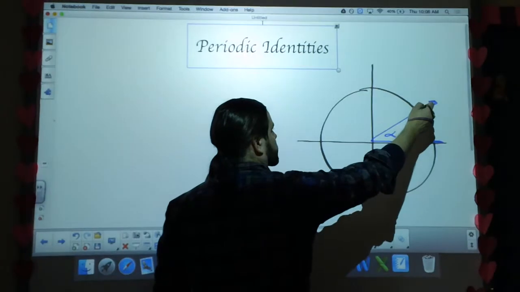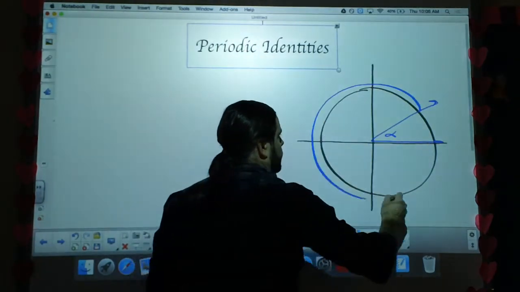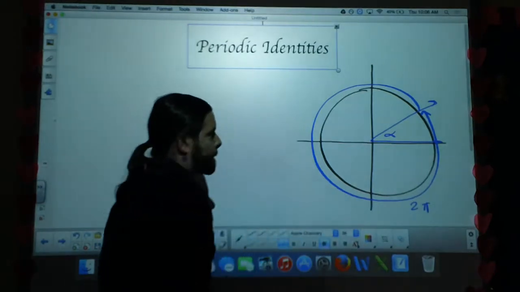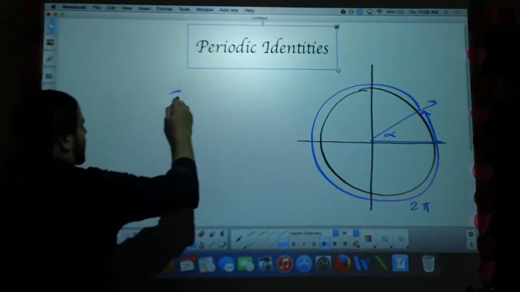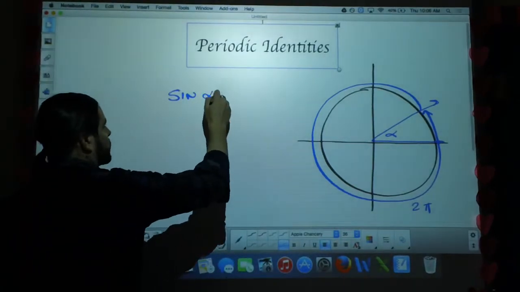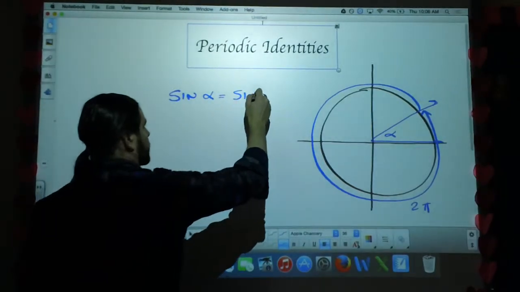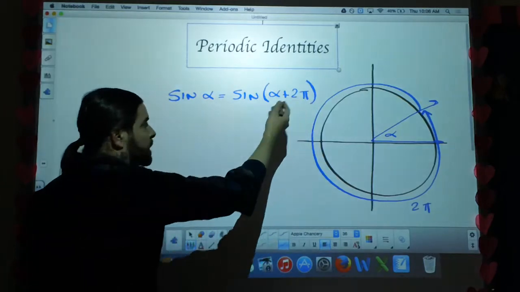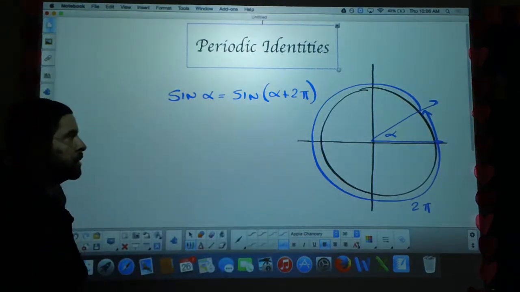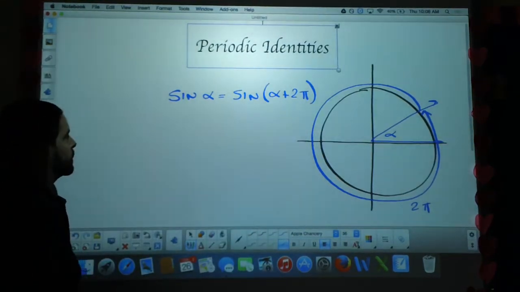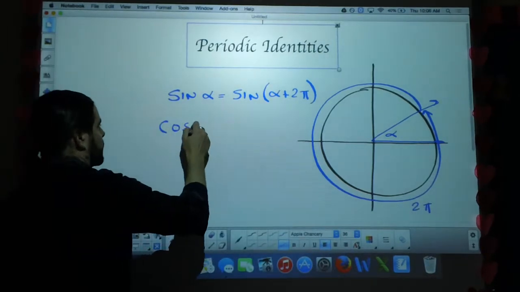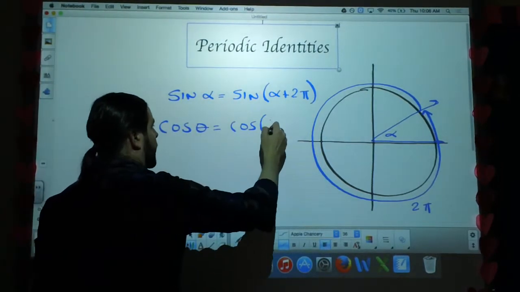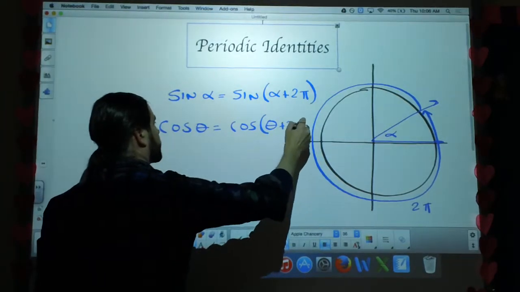You just go in a circle from here, and you go around 2 pi. And so the sine of any angle will equal the sine of that angle plus any multiple of 2 pi because they're coterminal angles. It makes total sense. You're just going in a circle. The cosine of an angle will equal the cosine of that angle plus 2 pi.